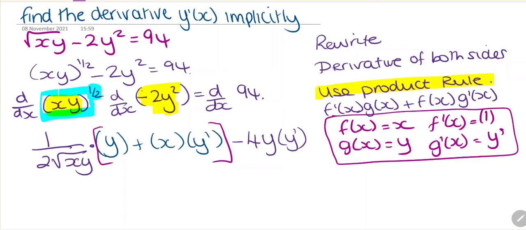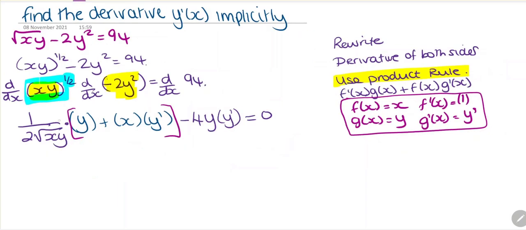So let's just make this a bit smaller. We'll have y plus x times the derivative of y, and this is divided by 2 root xy.